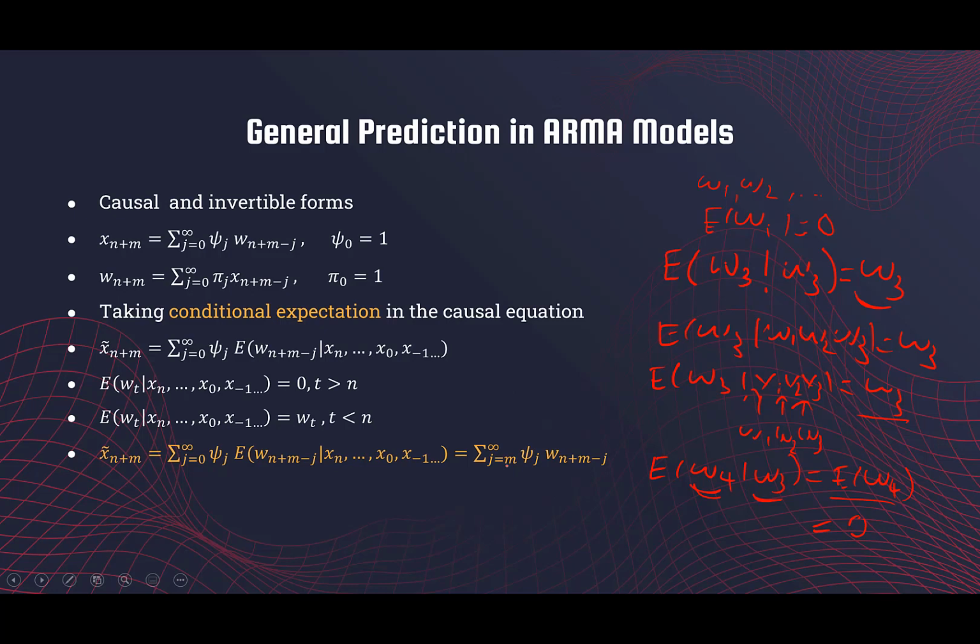If j is equal to m plus 1, then you go one step back here, right? So you'll get n minus 1 here. So basically wn minus 1 given xn and so on is just w, the random variable itself. So basically you can use these two properties, you get this particular representation.